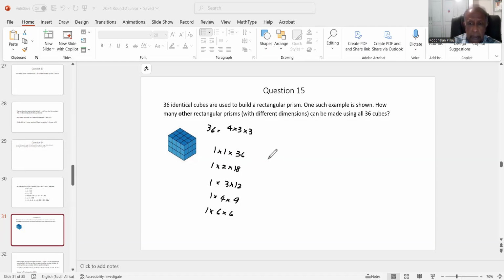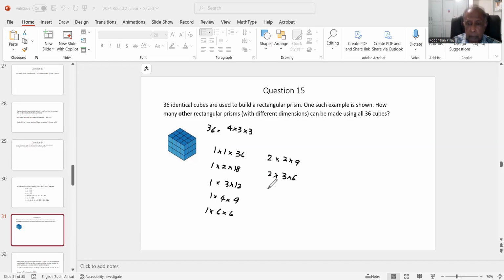All right, now let's suppose there's no 1. So you have 2 times 18. Now let's factorize 18. You get 2 times 9. All right, 18 is 2 times 9. You can also have 3 times 6. I think it stops there. So those are the two with that.